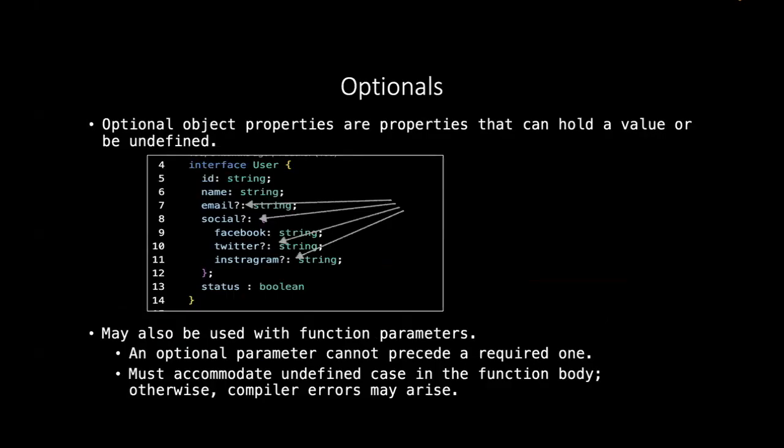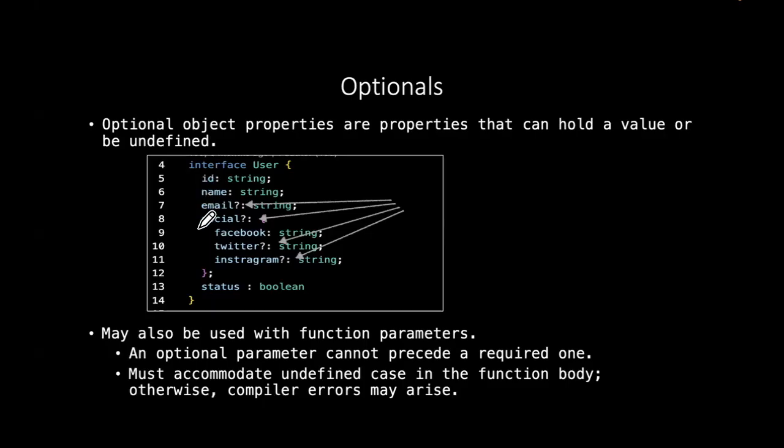What optionals allow you to do is to indicate that certain parts of a data structure are optional, not mandatory. And the way you do that from a syntax point of view is you just follow the property name with the question mark, and that declares it as being optional.